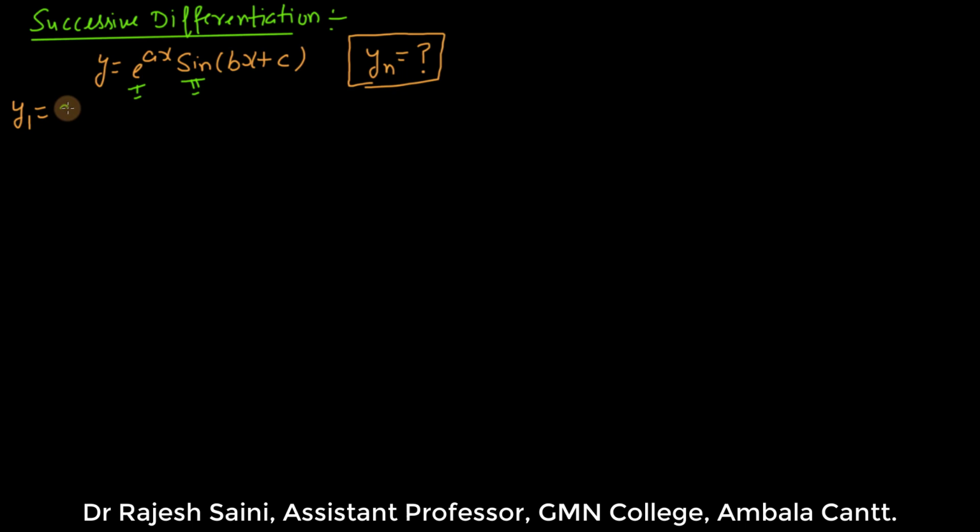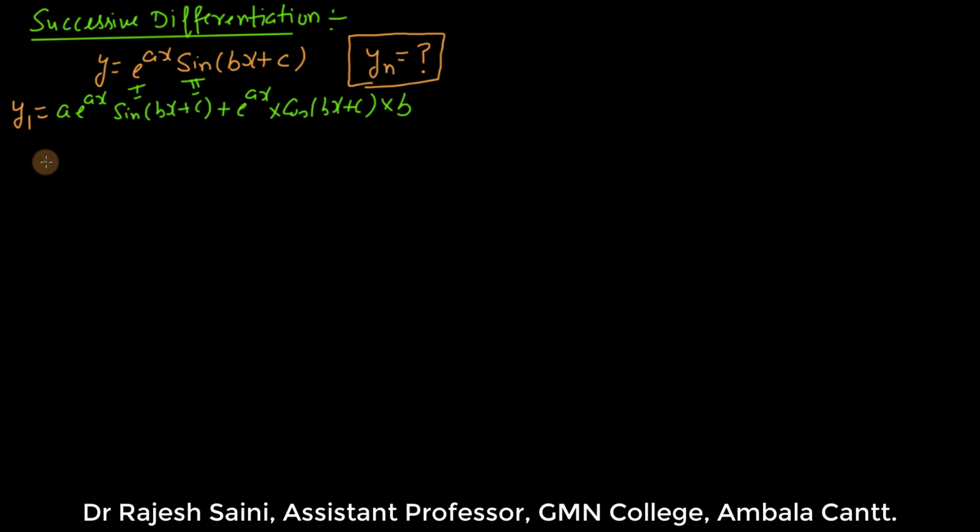Let us say I differentiate the first function. Differentiation of the first function will be this one. Second function will be the same, sine bx plus c. Now next I will keep the first function as such, and differentiation of sine is cos bx plus c into b.